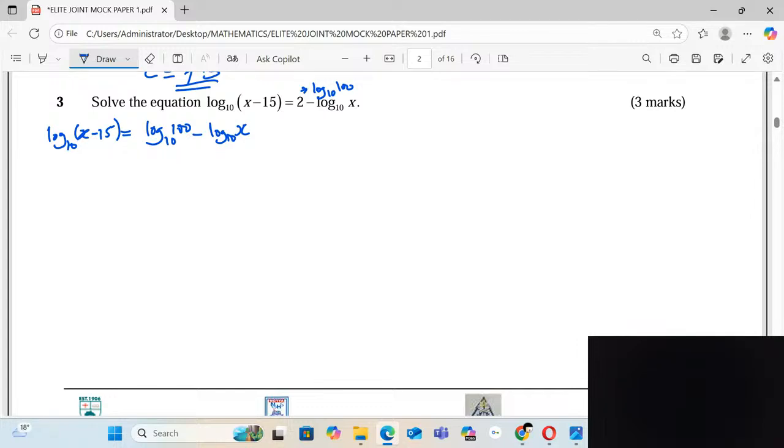Then log, this one, this other side, we can combine the two. How? So we work it this way, x minus 15. Combining the two, we are going to get now a common log base 10, and then we take 100 divided by x.